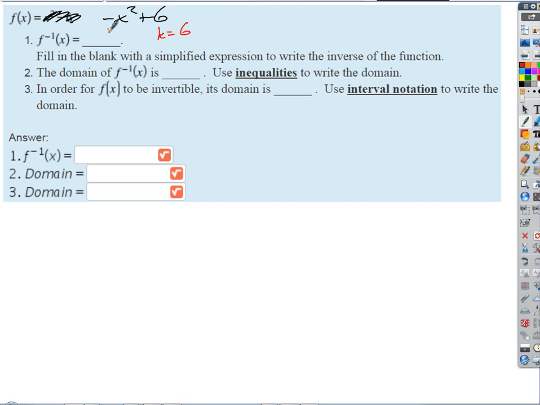Now, what about this negative in front? That's like saying a is negative 1. If a is negative 1, what does that do to the function? It's reflecting it vertically, so instead of opening up, it's opening down, right? So when we sketch this, k is 6, so the vertex is going to be up 6. Instead of being at 0, it got moved up 6.